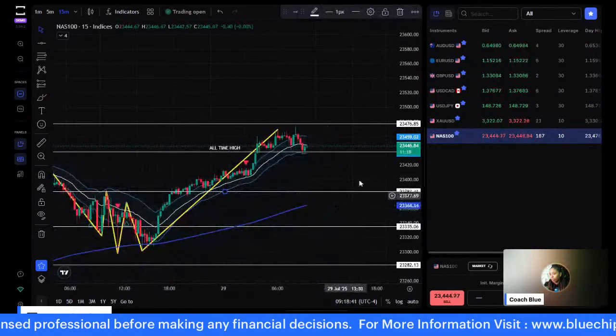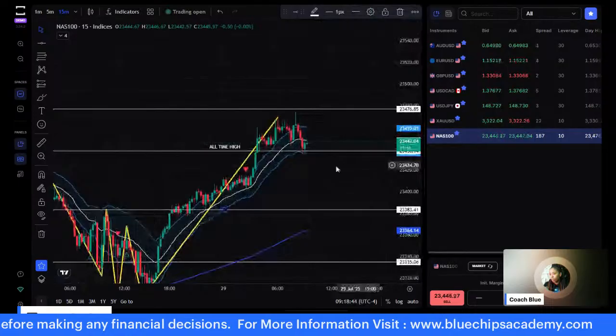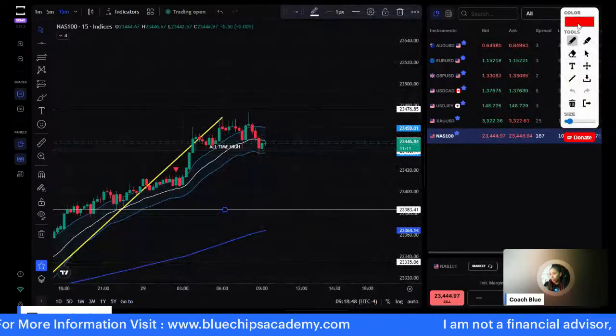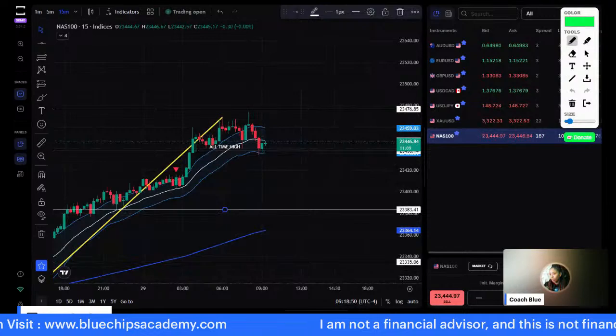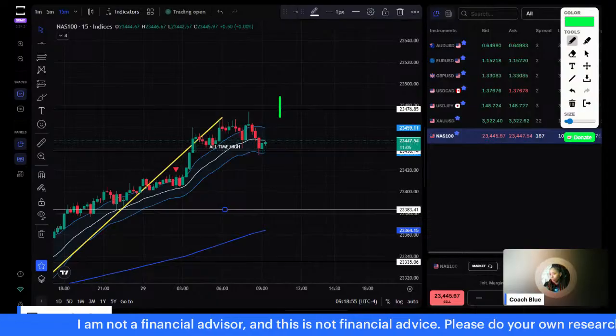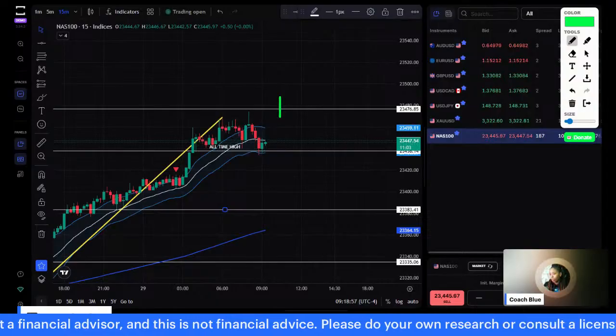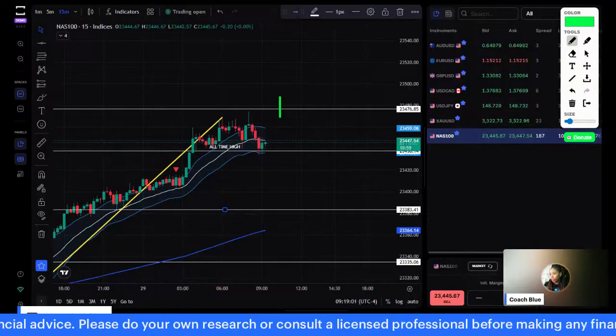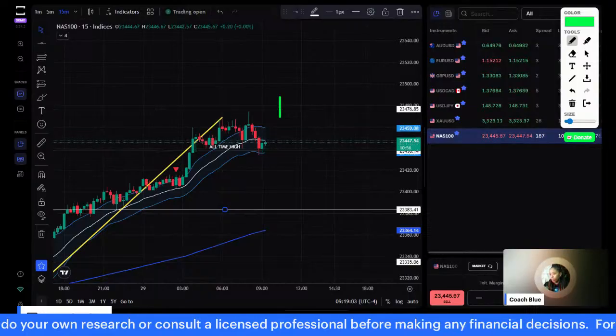So with NAS, knowing that we're looking for the BPC, I want to see this type of price action here. Okay. So the thing I want to see is a bullish candle, and here's the thing, guys.